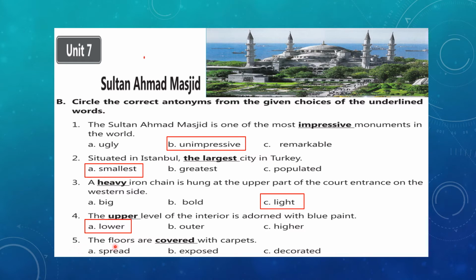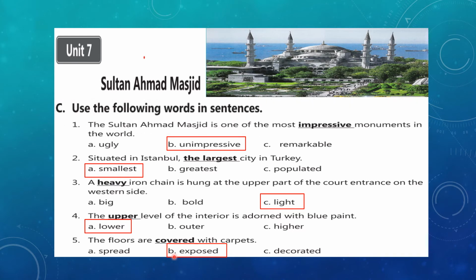The floors are covered with carpets. Underlined word is covered. And now we are going to find its antonym. Options are A, spread, B, exposed, C, decorated. And the correct option is exposed, B, right?